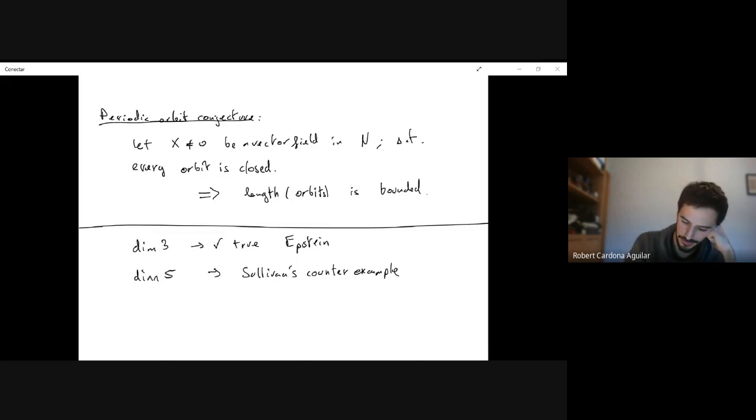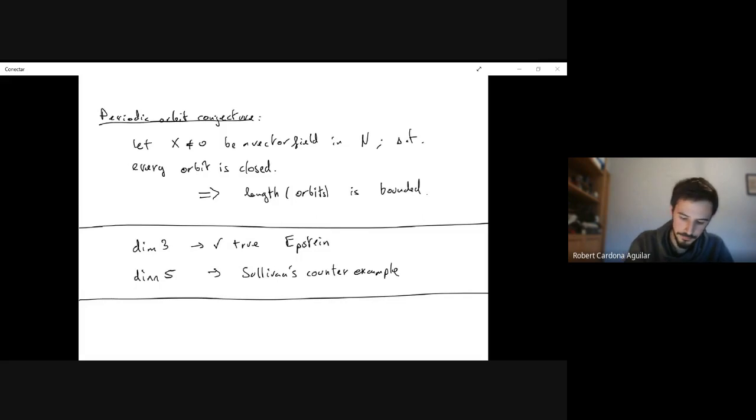Then you can ask whether this periodic orbit conjecture is true if you add some conditions to the vector field. What happens if, and so on? Who proved this? I don't remember his name.